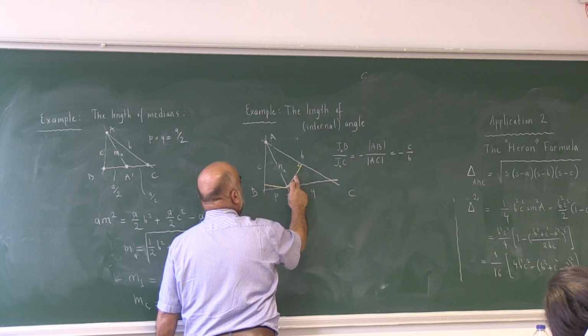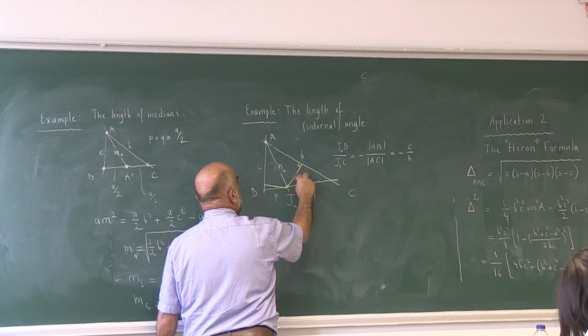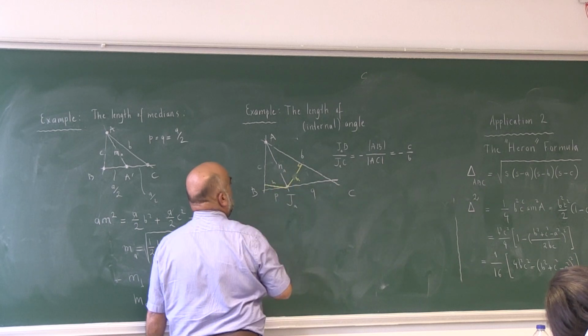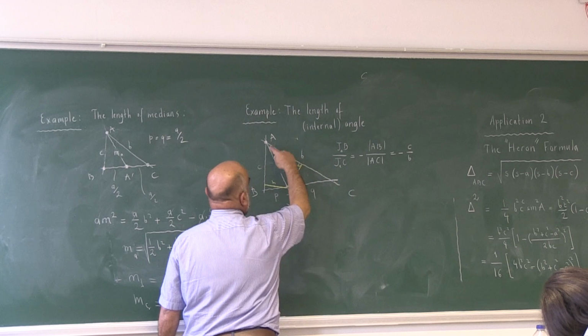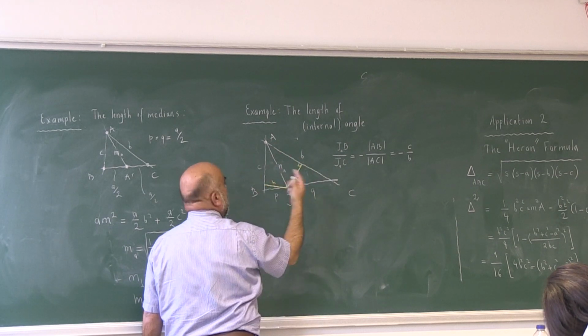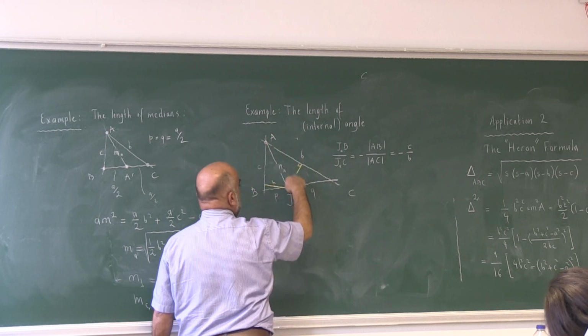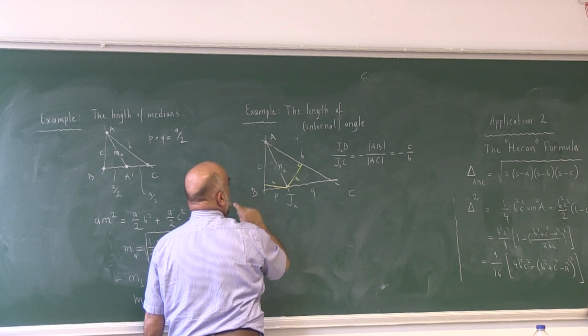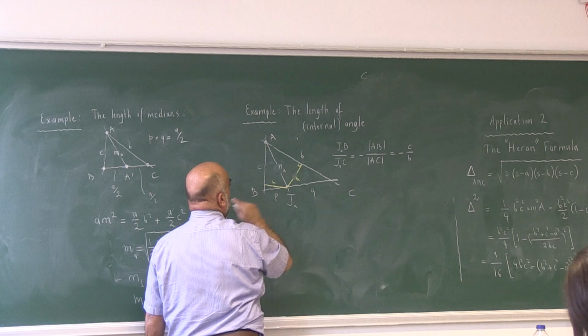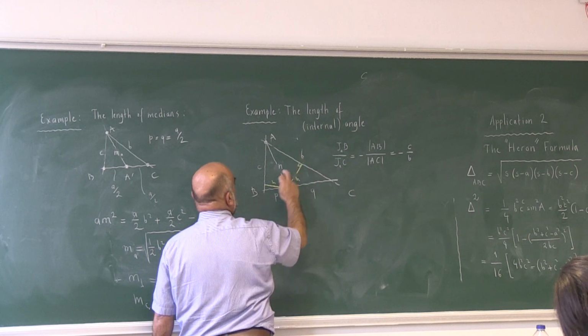Okay, so this is, for instance, let's call this H. Okay, so the area of CAJ, the ratio of the area of CAJ and BAJ is of course H times B to H times C.